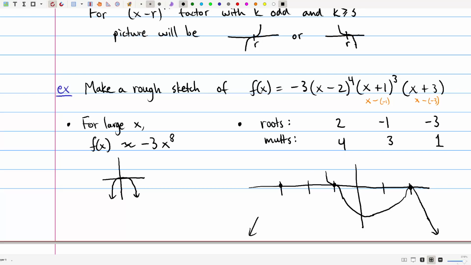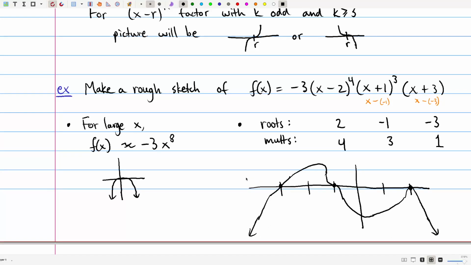Lastly, multiplicity 1. So it's going to be a line segment that either goes downwards, but it can't be that because we'd have to connect up somehow, and that would be discontinuous because there are no other places that we're crossing the x-axis. So it has to cross through this way, and then we can connect it up. So there you go, a rough sketch of what this function might look like.